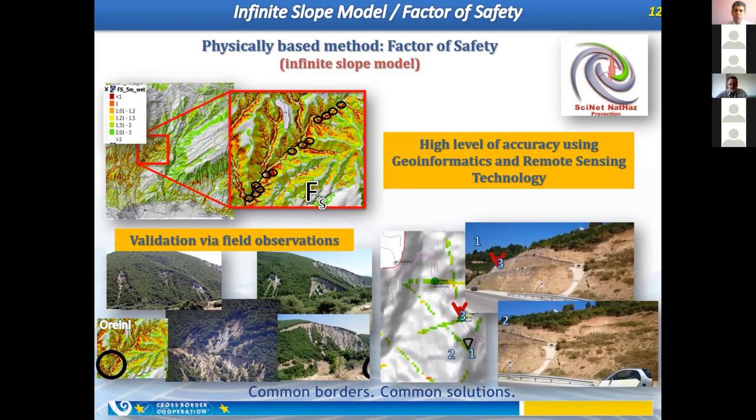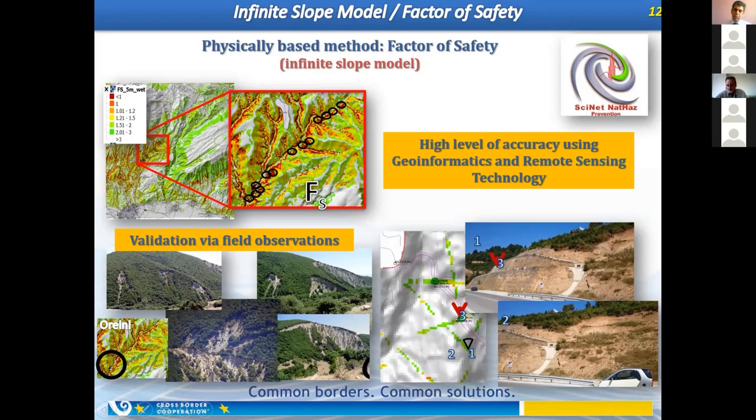The left part is the implementation at the regional scale, and the right part is the implementation at a local scale, where the infinite slope model has proven able to depict slopes that were stable and some others that were not, along an axis very close to the border of Greece and Bulgaria.